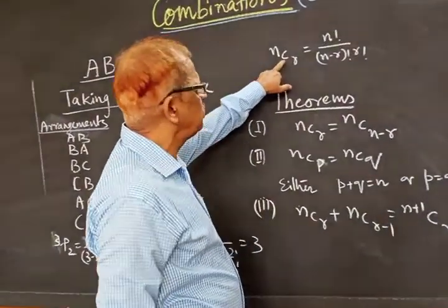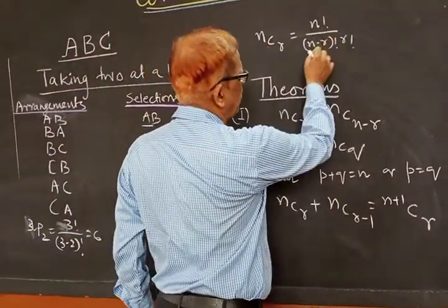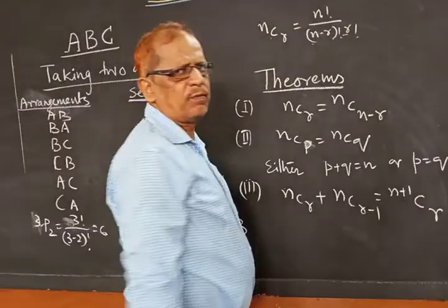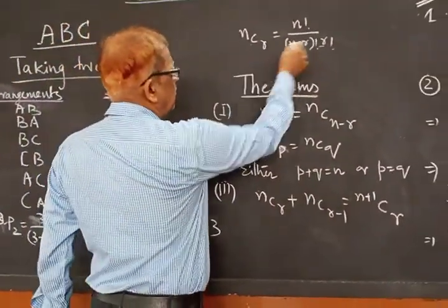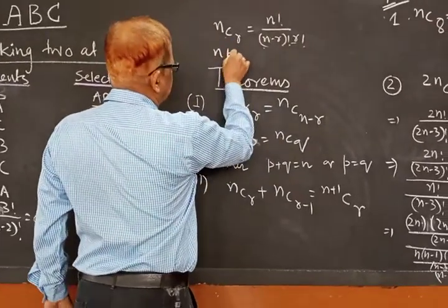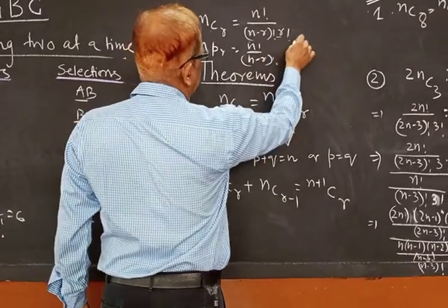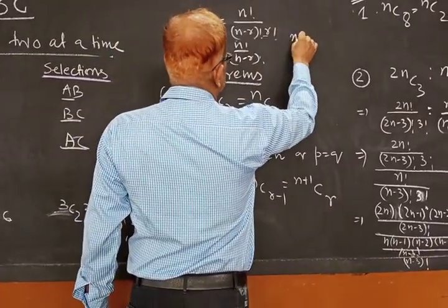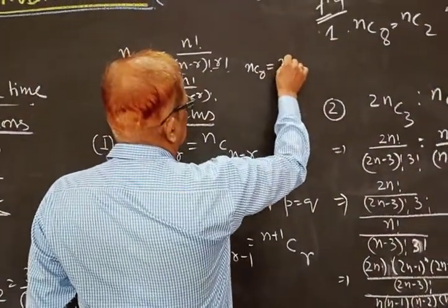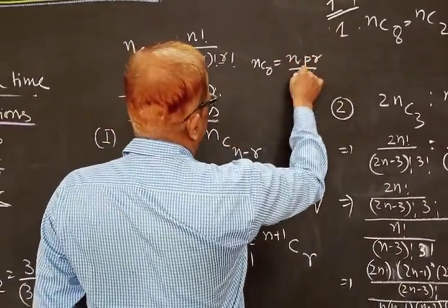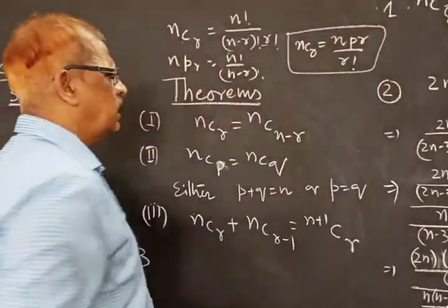For combination we call it C, for permutation P. nCr is factorial n divided by factorial (n minus r) into factorial r, and nPr is factorial n by factorial (n minus r). Then we can make a relation: nCr is equal to nPr by factorial r. That relation we can make between nCr and nPr.